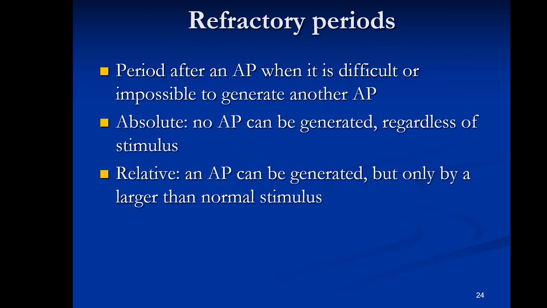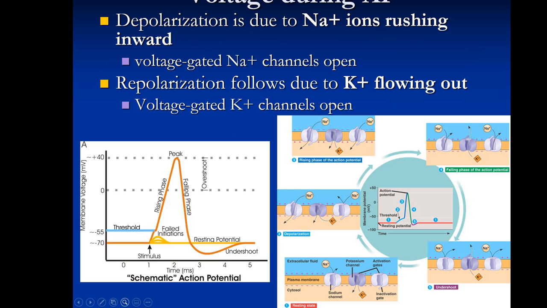All right, so I want to show you this to get an idea of why this might make sense. Maybe at this point in time during repolarization, it's impossible to generate another action potential. But right here, it looks like there's this undershoot period.